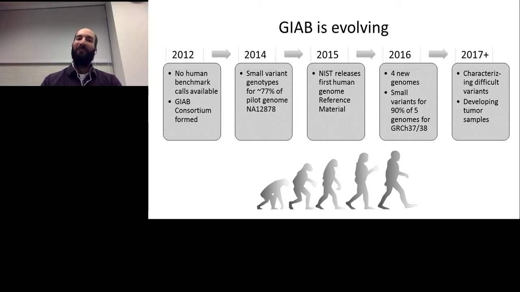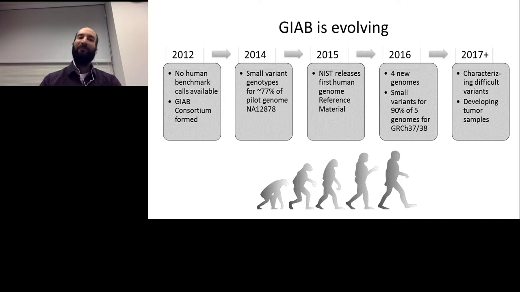In 2014, we published our first small variant genotypes, which covered about 77% of the genome in our pilot genome, which is the well-known sample NA12878 from Coriell. In 2015, we released that as a human genome reference material from NIST, which was the first reference material characterized on a genome scale.